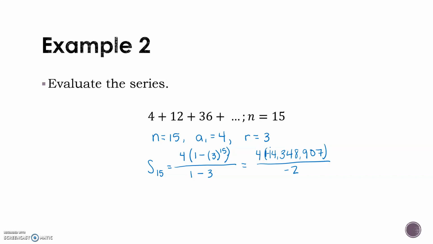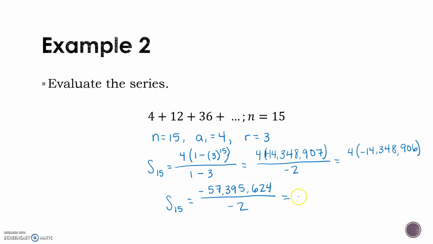So now we have 4 times negative 14,348,906, and I'm going to get negative 57,395,624 all over negative 2. And so my final answer will be 28,697,812.